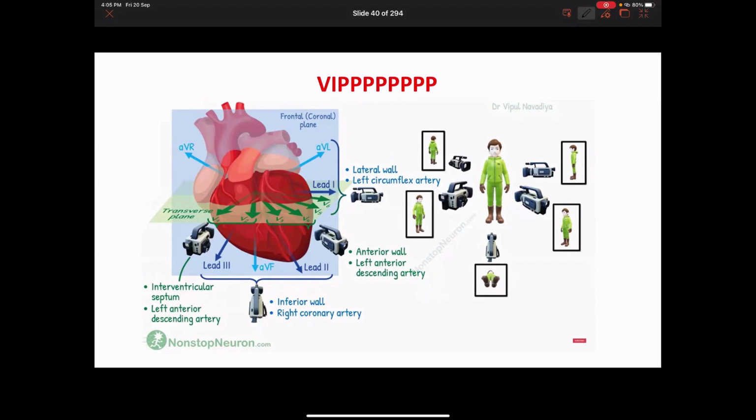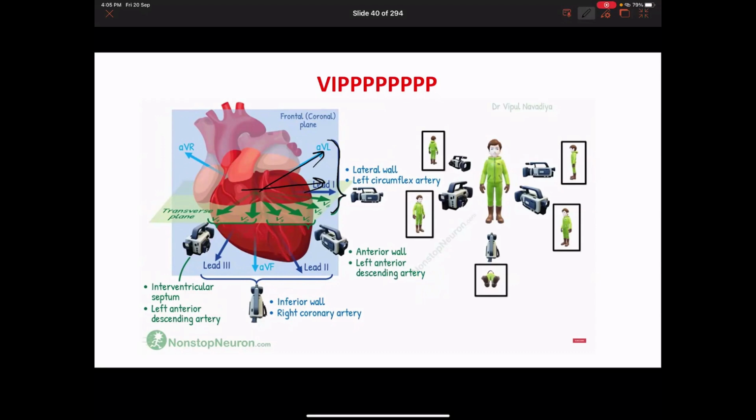Certain leads can give you a reading on what's happening on the lateral wall of the heart, like AVL and lead 1. Why? Because AVL is reading impulses going this way, and lead 1 is also reading impulses going this way. So AVL and lead 1 can tell you if there's anything wrong or if everything is okay with the lateral wall of the heart, okay?